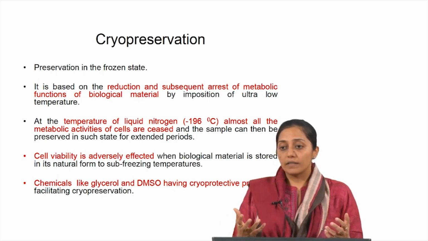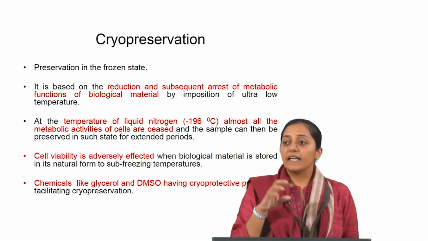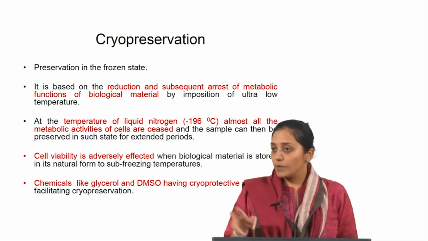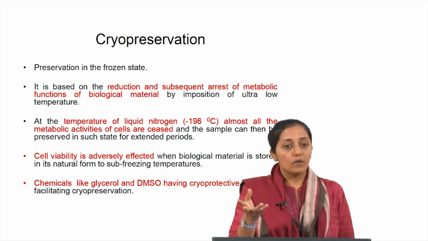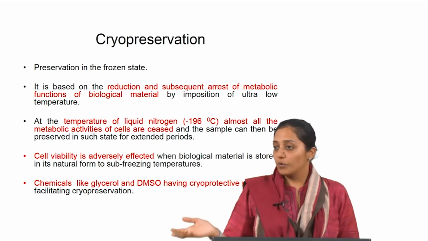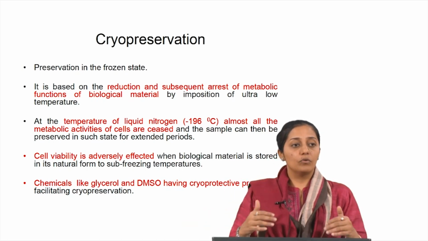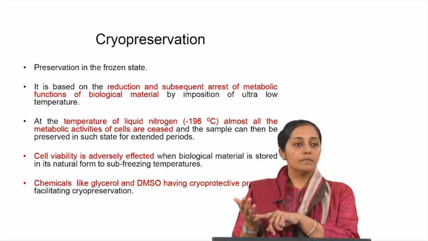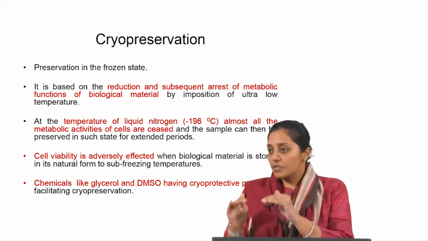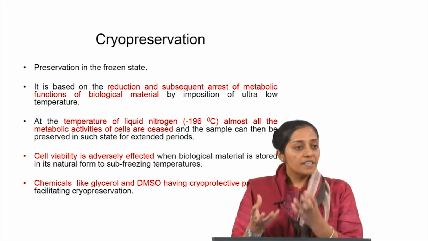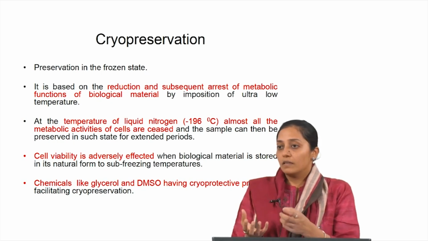So what does it mean? It means that an entire genetic program is switched on, which leads to upregulation and downregulation of many proteins, and in turn leads to change in the metabolism, reduced growth, and balancing of the energy levels.